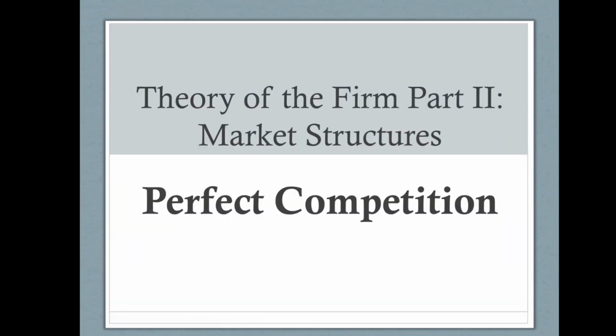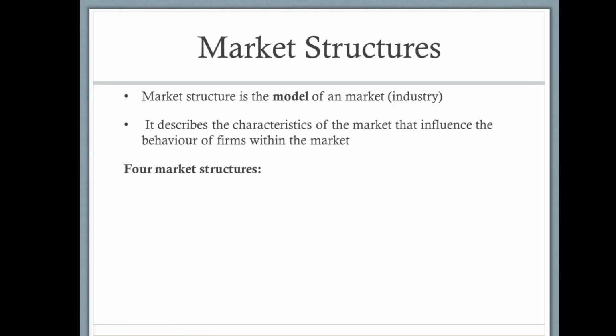So here, once again, is a very general definition of market structure. I'm pretty sure you already know that. Market structure: we are trying to see the characteristics of some markets or industries in order to explain why firms in some market structures have a specific set of characteristics or behavior.